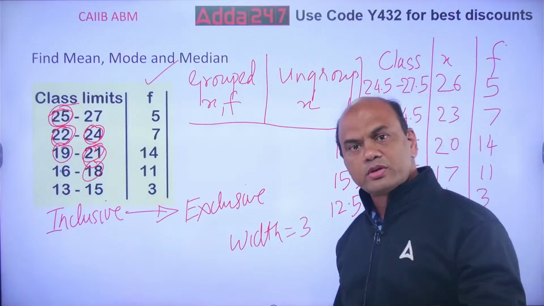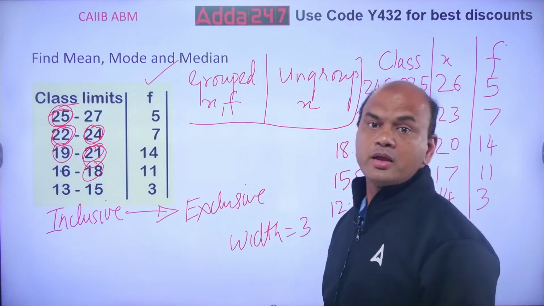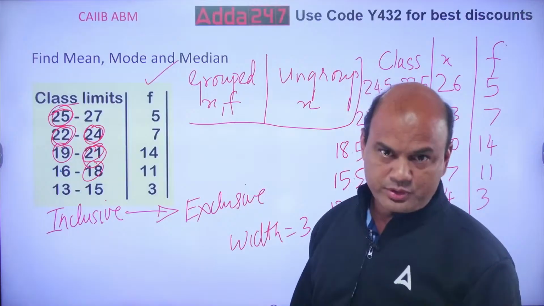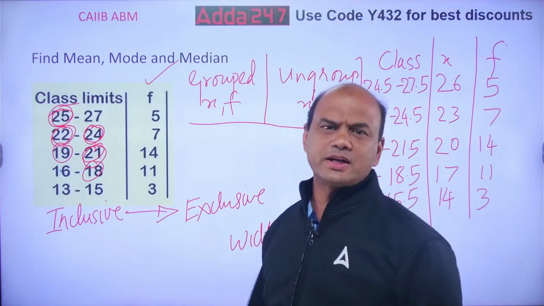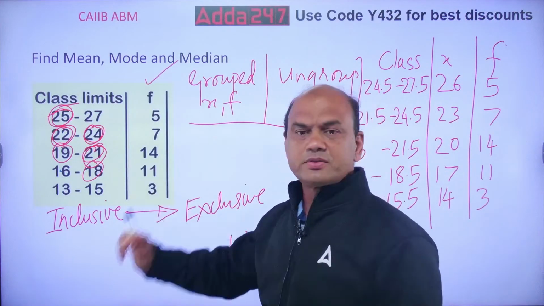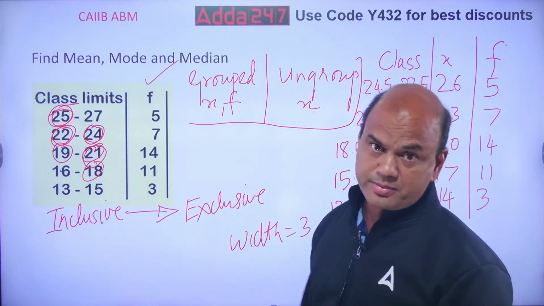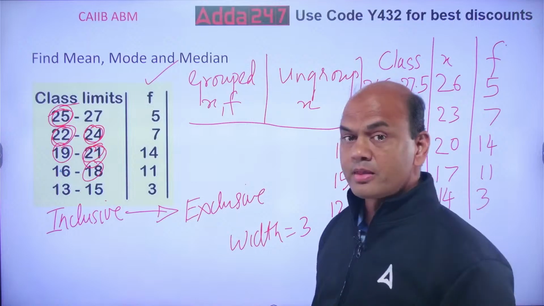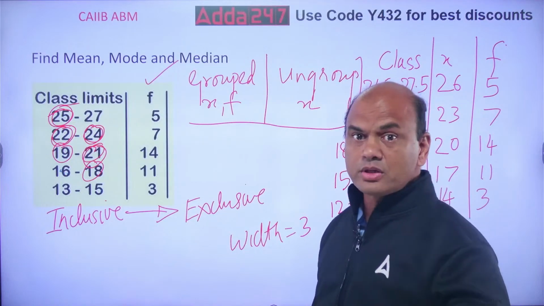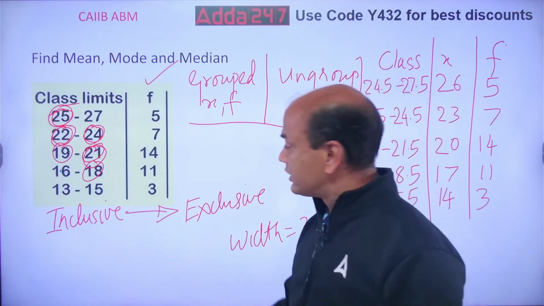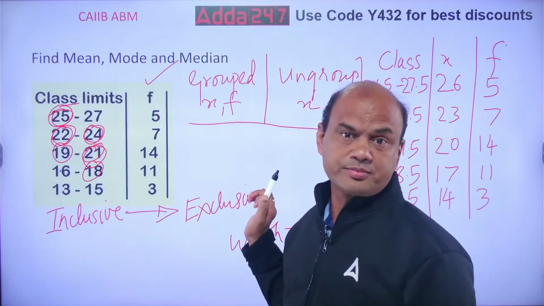You have to convert it into an exclusive group. Otherwise, you can't function. You can't solve any problem in statistics using an inclusive group. Okay? Clear? So, thumb rule number 1: convert inclusive to exclusive.